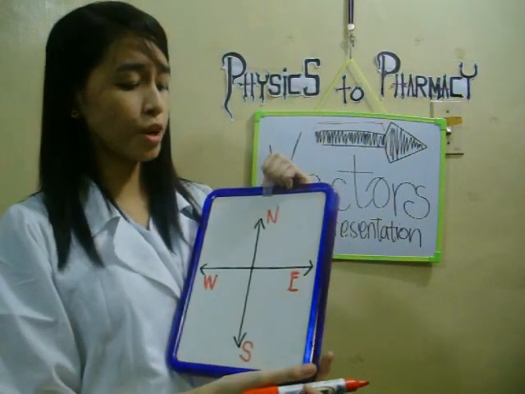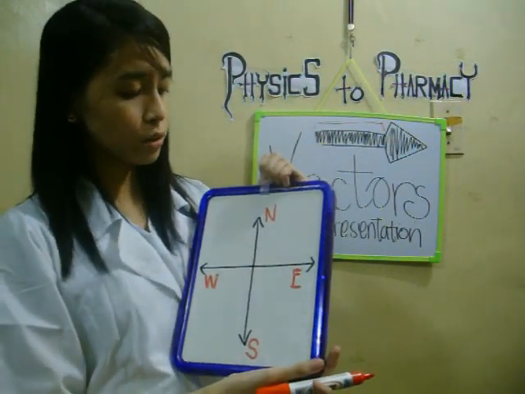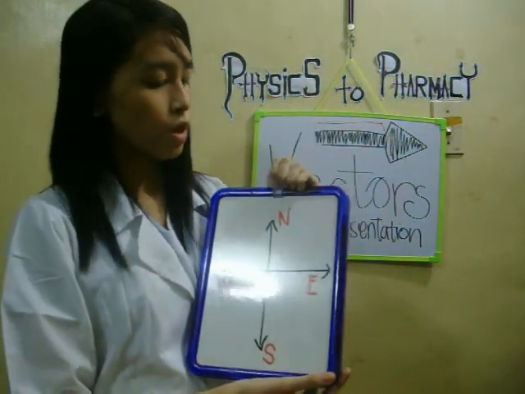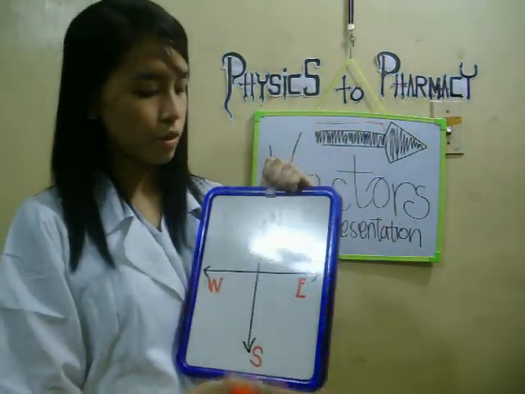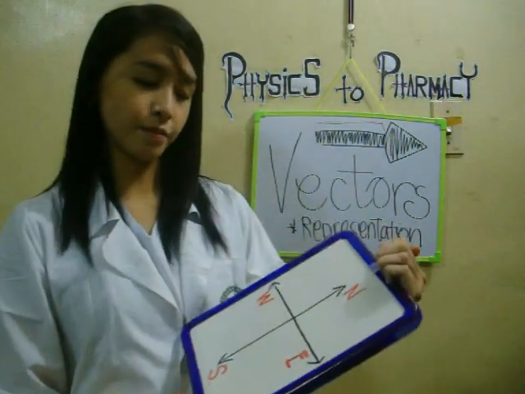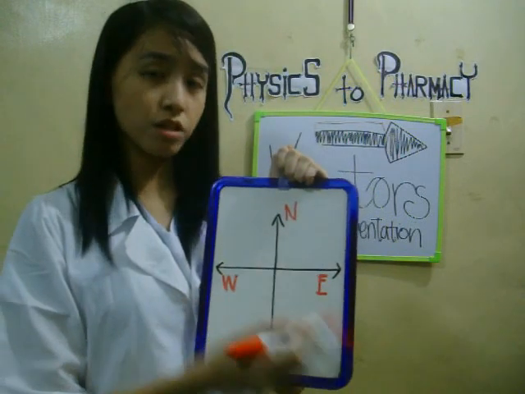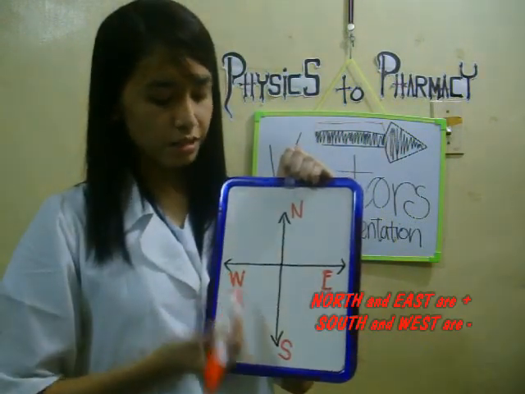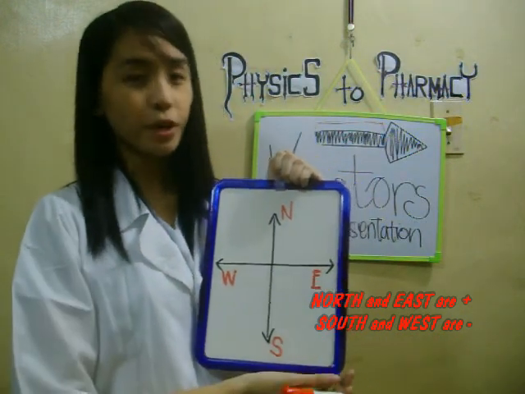For example, if you are given a vector which is measured from east going to north, the direction will be north of east. Another thing, north and east directions are positive, while west and south directions are negative. So that is how you represent and graph a vector.